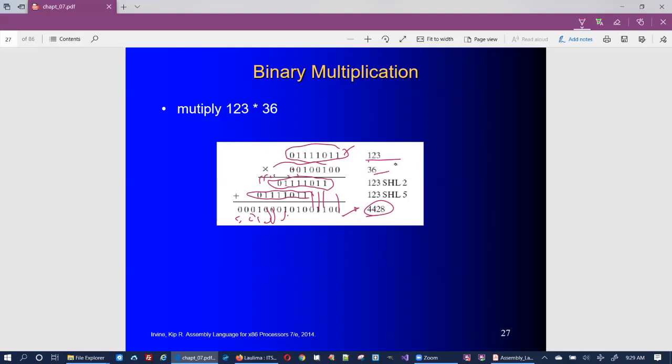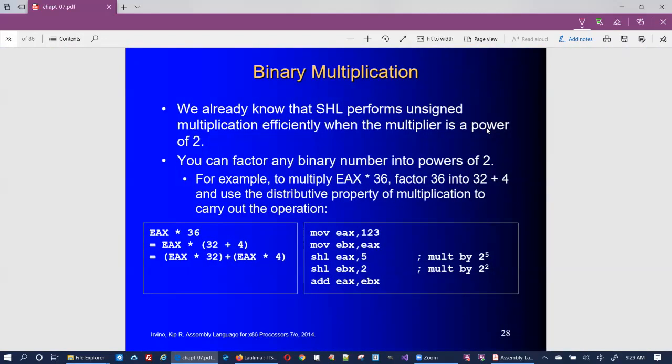If you were multiplying by 31, that would be a lot more difficult, because 31 is 1, 1, 1, 1, 1, so you'd have 5 things to add. You'd have 5 instances of this all shifted left, and that's more expensive. Anyway, that's how binary multiplication works.